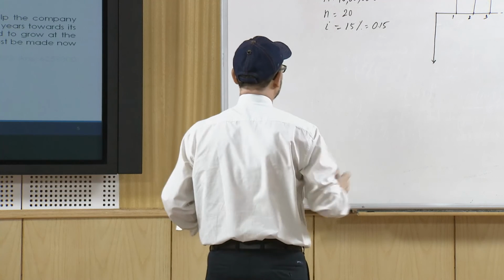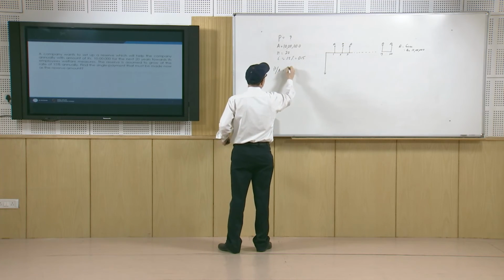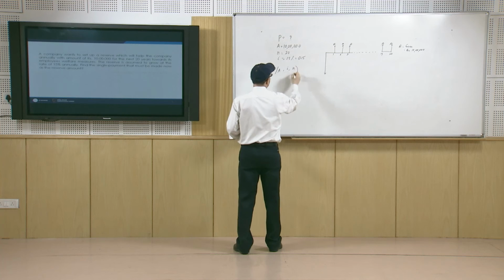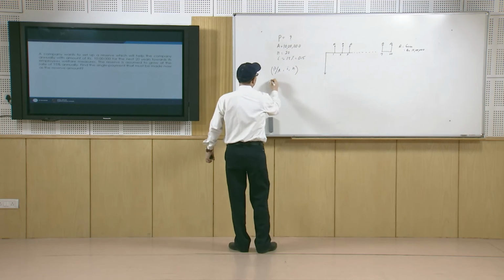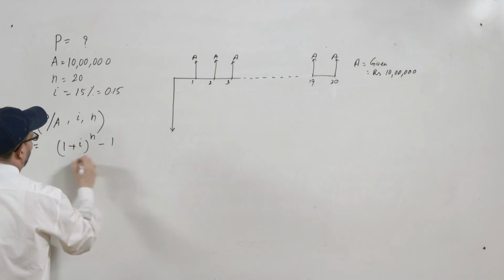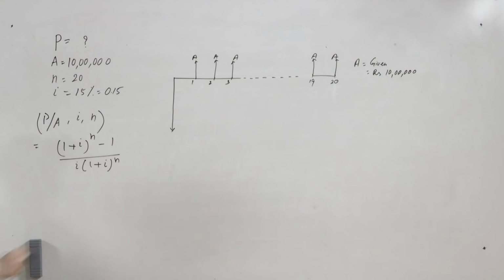For that you need to know P by A, i, n, and this is nothing but the reciprocal of the earlier factor which we have used. So, in this case P by A, i, n is nothing but (1 plus i) raised to the power n minus 1 by i into (1 plus i) raised to the power n.